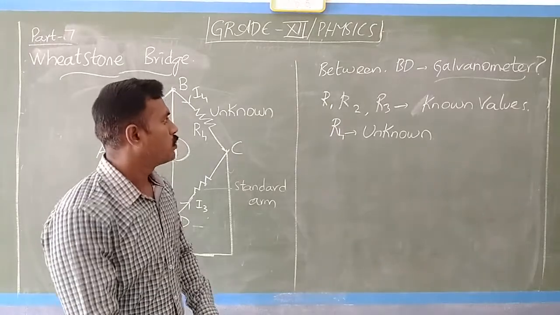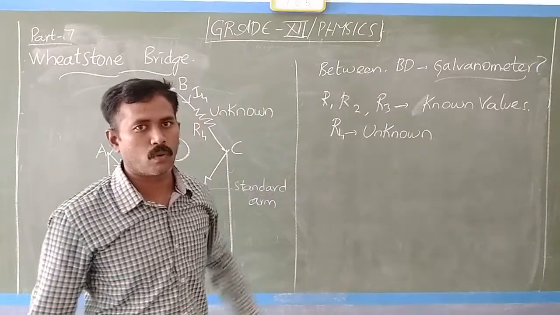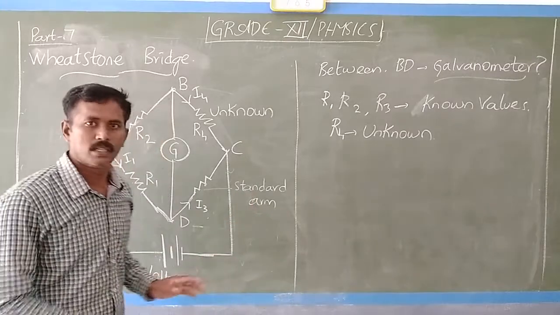By using R1, R2 and R3, I can find R4. How do I find it? What is the method? That is what we are going to discuss now.